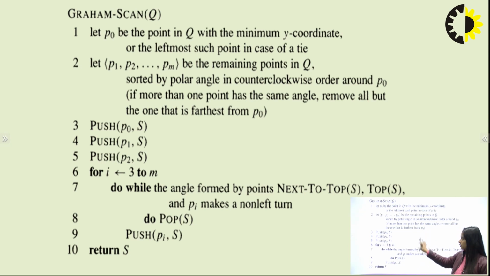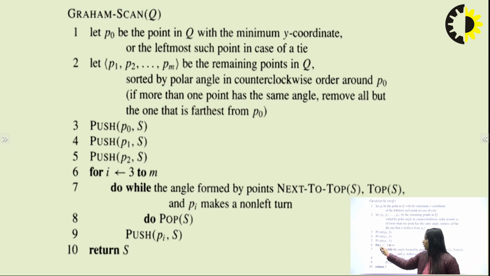Let me explain this algorithm simply, right? In the third step, we push the point P0. We take 3 points and push them into the stack. We use a stack for this algorithm, in which we push points, and then under a particular condition we have to pop points, and by following these steps we make the polygon, right?